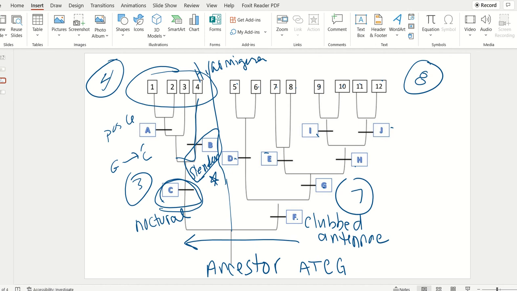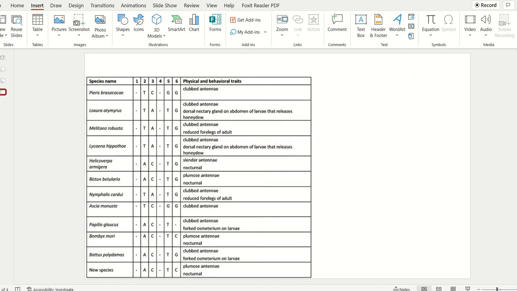And the other species that have the plumose antennae, we know are now broken up by that they're also nocturnal, which we already discussed, and that two of them have that change down here at position 6.